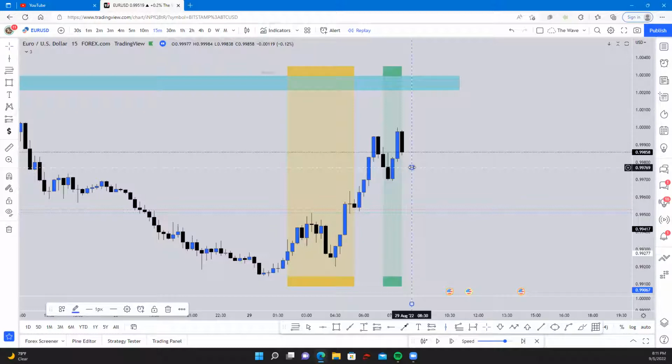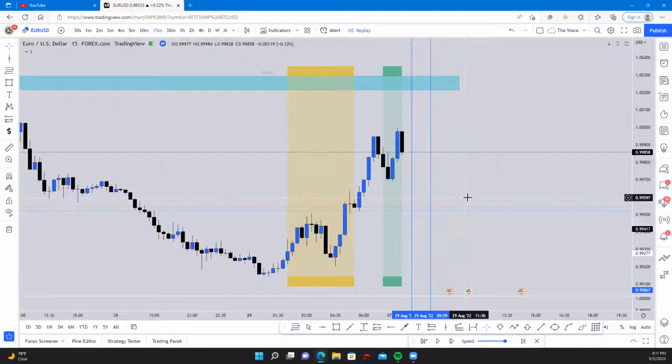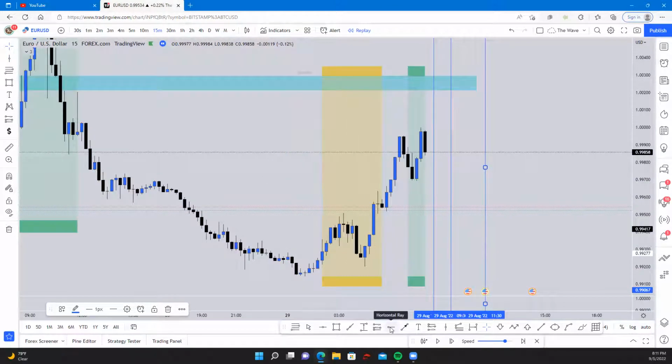So we have 8:30 to 9:30 to 11:30, and that's going to be the AM session that we're looking for our trade. This is also where we're going to get our buy side and sell side liquidities. So we want to look for areas that are relatively equal highs and equal lows.